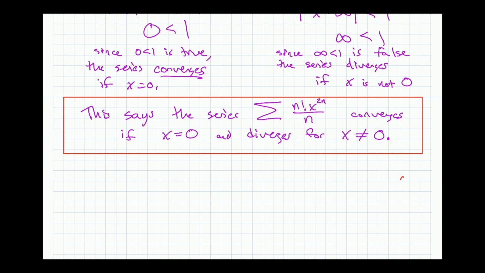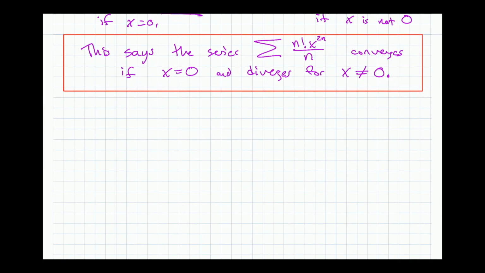Okay? Now I don't want to leave it at that. I want to say a little bit more. So the series, let me just rewrite it here. n factorial over n, right? And then we have the x to the 2n part. So this is the part that makes it a power series, right? Right there, power series.